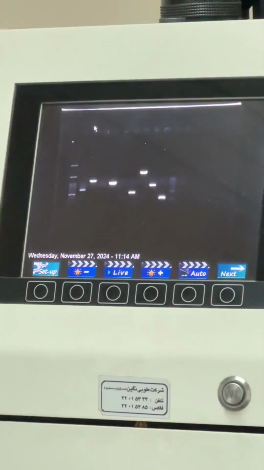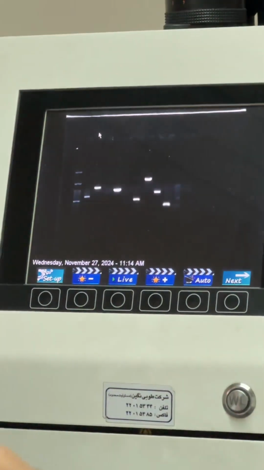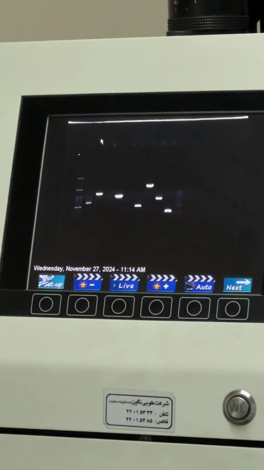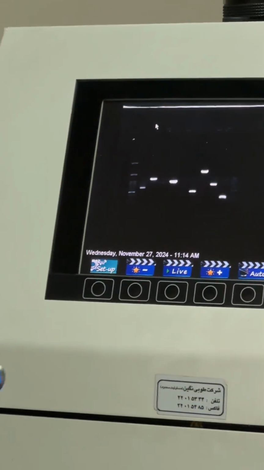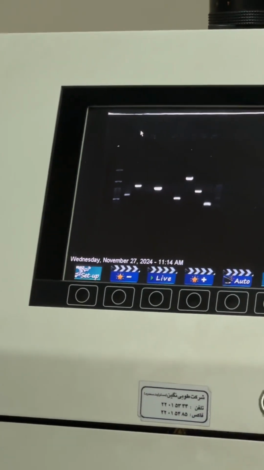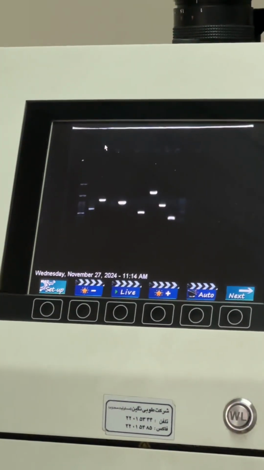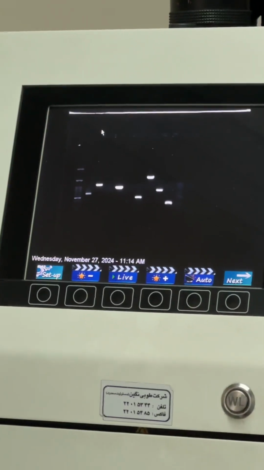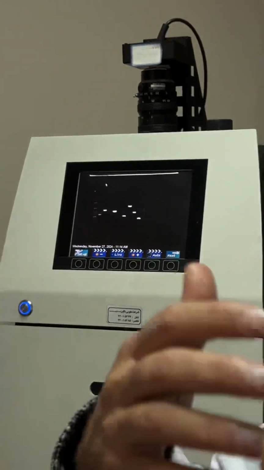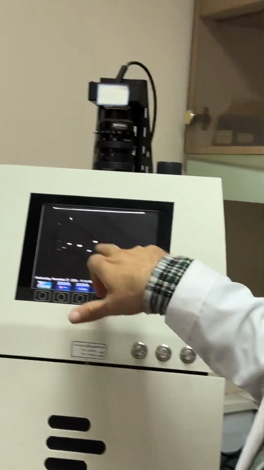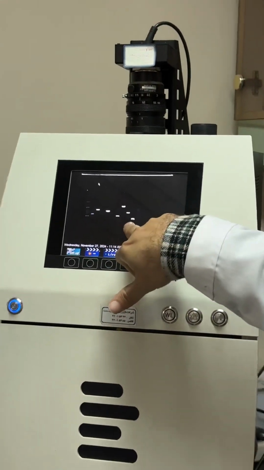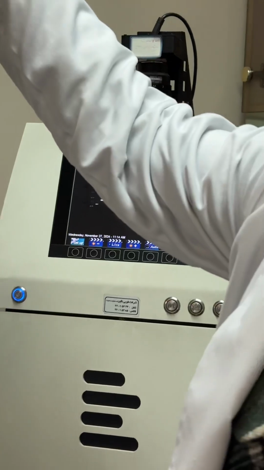For example, this is your exam, and you have to write down the answer. DNA chain. Each of these bands is the result of DNA amplification with PCR. Okay?